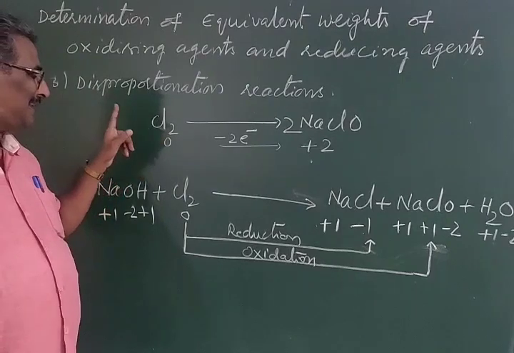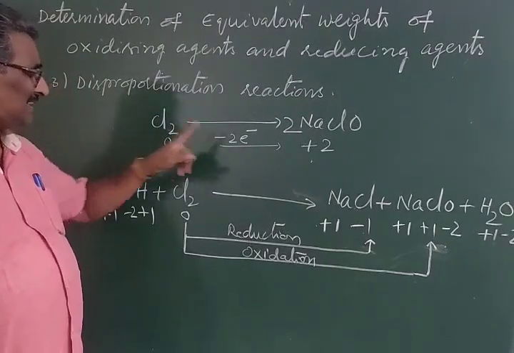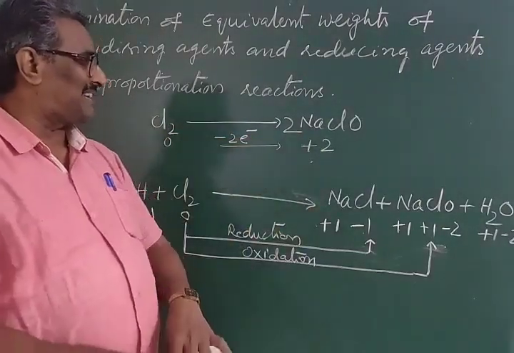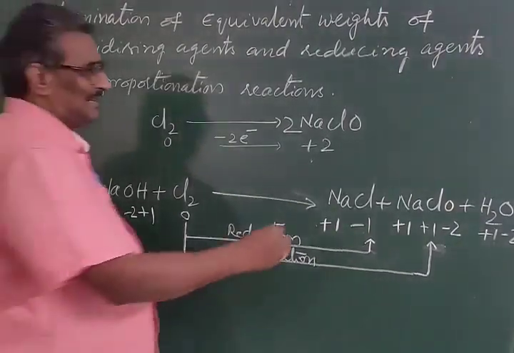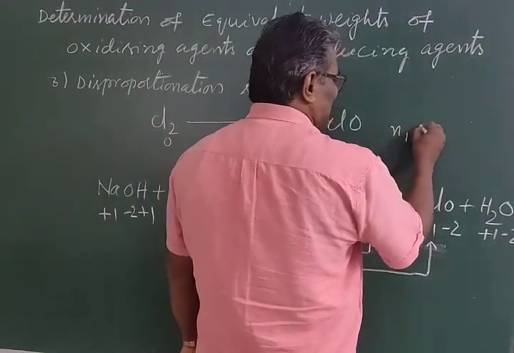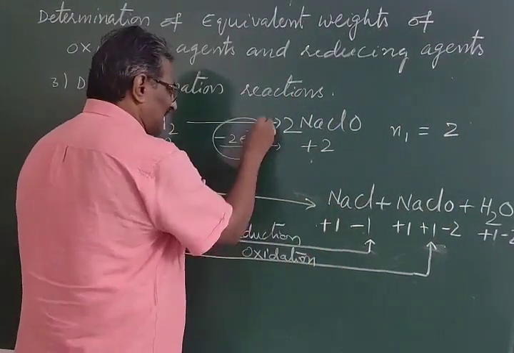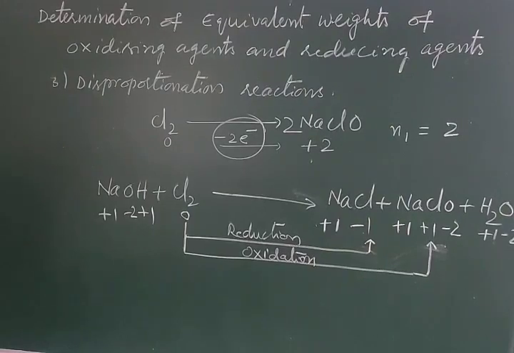So how many electrons are lost by the chlorine molecule to give 2 molecules of NaClO? 2 electrons. So here the N factor of the oxidation reaction is equal to 2.